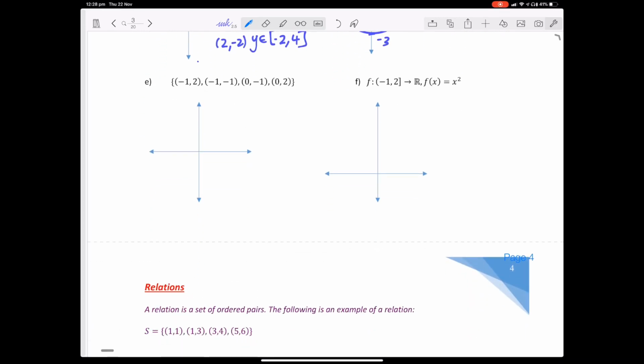Okay, here, this is a little bit tricky. This is a function where it's just single points, like coordinates. So I've got (-1, 2). It's just a dot. I've got (-1, -1). Just a dot. (0, -1), (0, 2). Okay, so if I want to state my x values, well, x is an element.